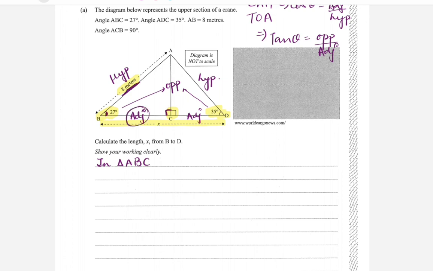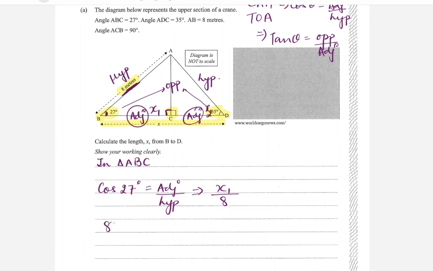And if we have to find the adjacent, we can use cos. So we will have cos 27 degrees is equal to adjacent over hypotenuse. That will give us the adjacent. Let us suppose the adjacent is x1. This one here is x2 because the total is x. So x1 over 8.